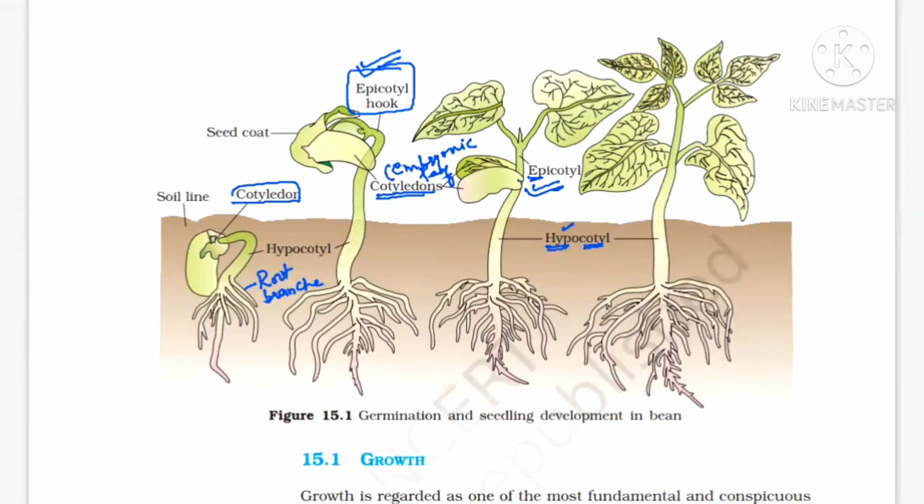Is it clear? And this type of germination is known as epigeal germination, in which the hypocotyl comes out first and then the epicotyl comes.